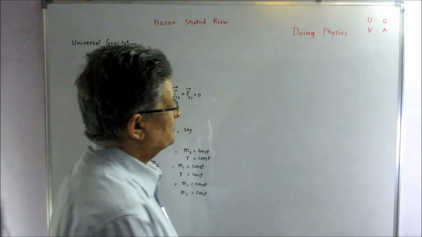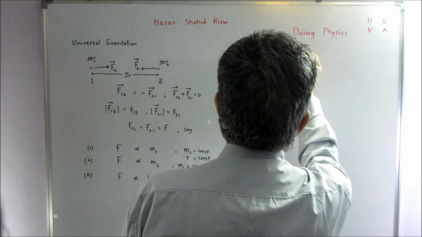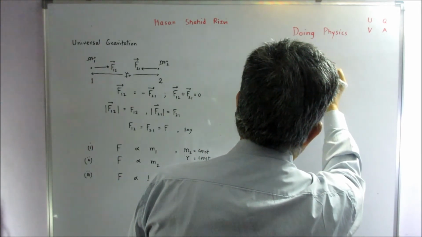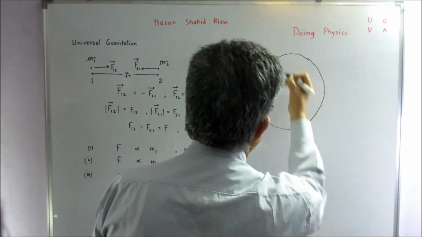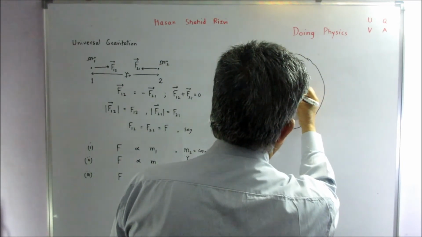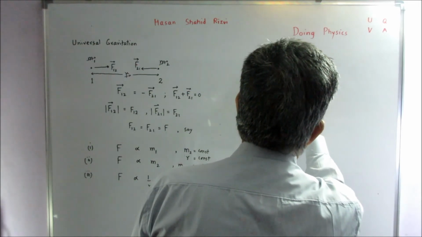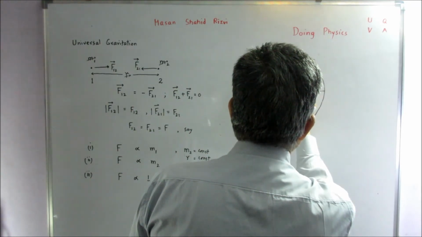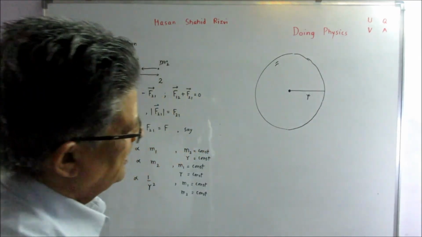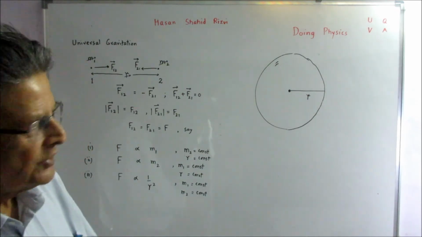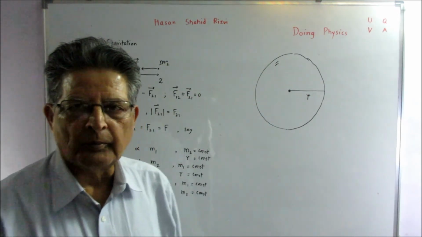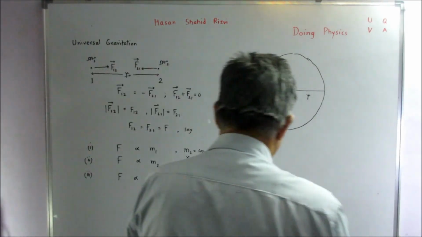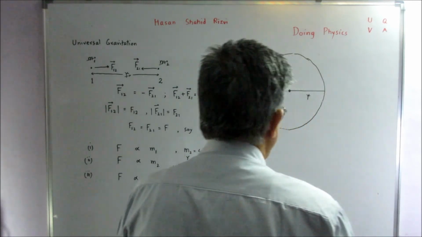Now, a very interesting thing. Suppose I have a sphere with a radius R. And at the center there is a point object from where things are emanating in all possible directions. So, for example, something is going out of it.